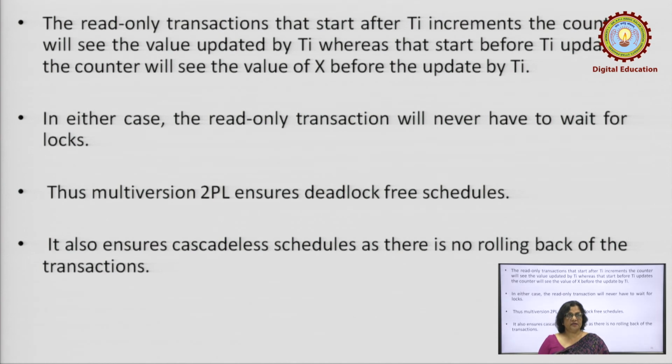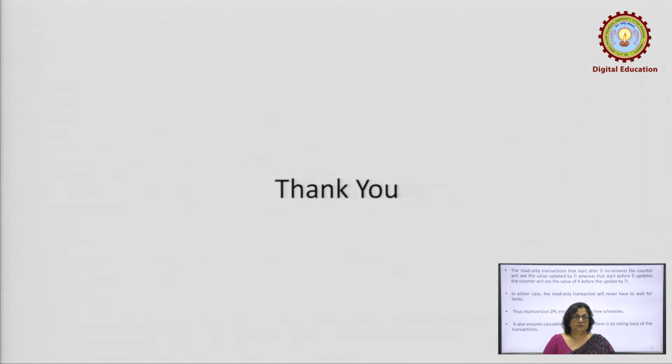The read-only transactions that start after Ti increments the counter will see the value updated by Ti, whereas those that start before Ti updates the counter will see the value of x before the update by Ti. In either case, the read-only transaction will never have to wait for locks. The multi-version two-phase locking protocol ensures deadlock-free schedules, and it also ensures cascadeless schedules as there is no rolling back of the transactions. Thank you.